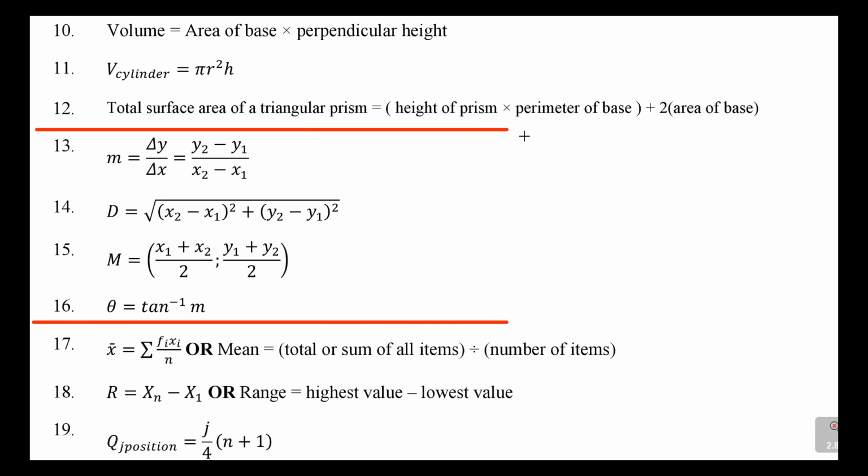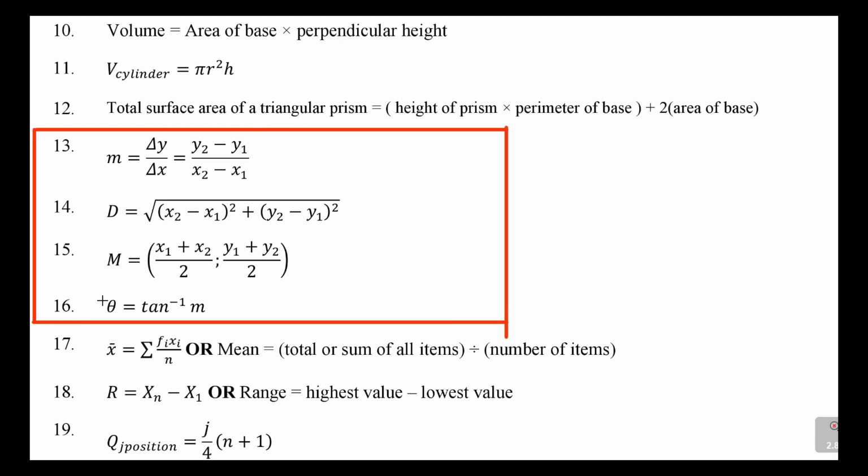These are the formulas that you will definitely need to know if you are dealing with analytical geometry. Number 1 is the gradient, which is change in y over change in x, y2 minus y1 over x2 minus x1. And then the distance formula, which is square root of x2 minus x1 squared plus y2 minus y1 squared. And the midpoint formula, x1 plus x2 over 2, y1 plus y2 over 2.